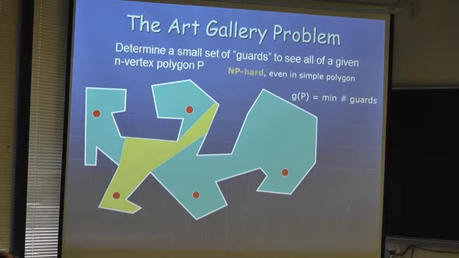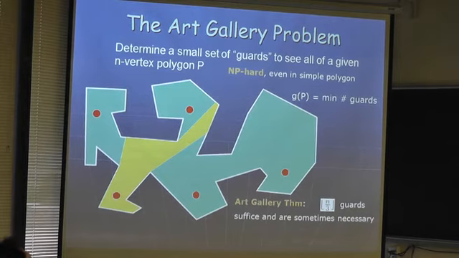Now, it turns out that it's NP-hard. It's one of these intractable problems that won't have a polynomial-time solution, we believe, even in simple polygons. So we tried to do approximation. This is one where we don't even know how to approximate it. But the combinatorial problem that was studied in mathematics in the early 70s was a problem posed by Victor Klee at the beginning of the 1970s.